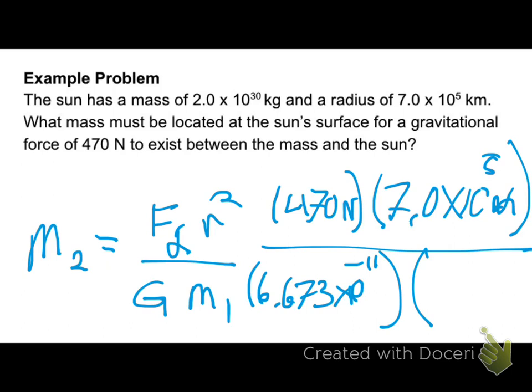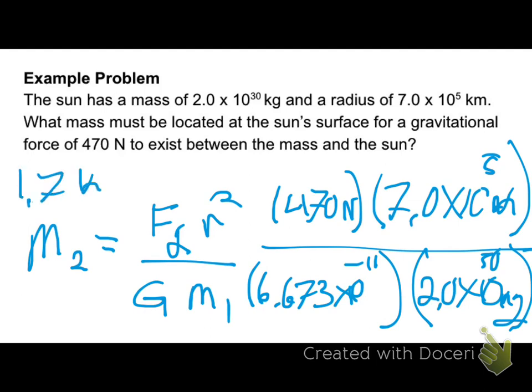And then take that times the mass of the sun, which they gave us, which was 2.0 times 10 to the 30th kilograms. And when you do it, you should just come out with 1.7 kilograms.